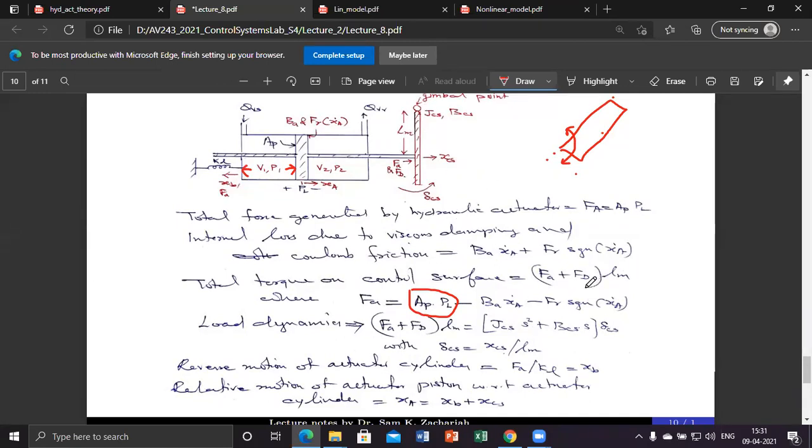Finally, you can assume that FD into LM is equal to the total aerodynamic moment acting at the gimbal point. That is, integrate all the dynamic pressure effect on this control surface, get the total force, generate the moment, and equate that moment with FD into LM. So some FD will be there. You don't worry, because now we are not going to model FD. Only assume that there is an element FD.